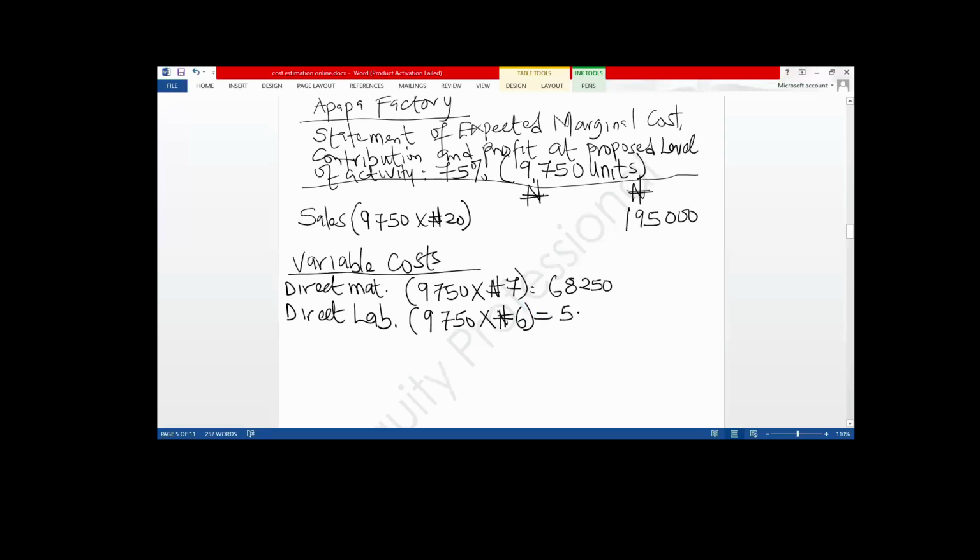Then pick your variable production overhead, because we need to get all the variable costs together.